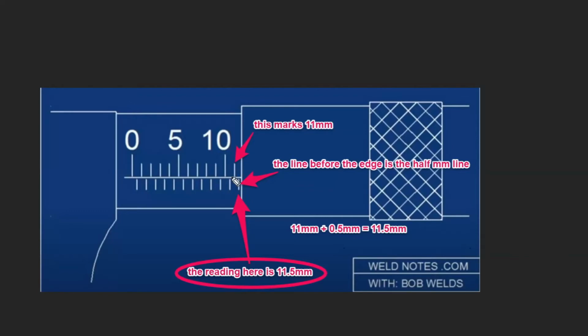As you can see from this small example, just to show these little lines we talked about earlier, this line right here represents 11 millimeters. This is 10 millimeters, and this is 11 millimeters. And as you know, these bottom lines each represent 0.5 millimeters. Now remember, the line before the edge always determines the reading in a micrometer screw gauge.